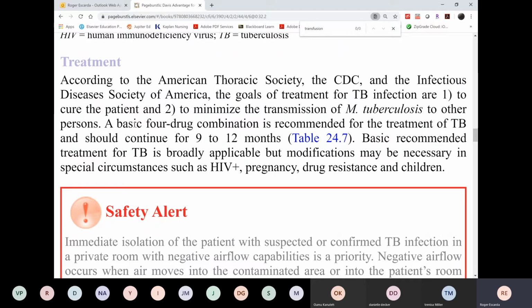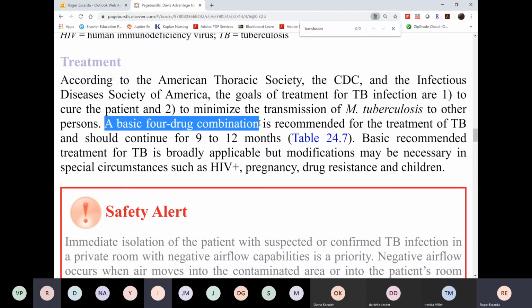For latent TB, you only need 2 drugs, but for the progressive type, which is the active type, it's a basic 4-drug combination. This is from the CDC. Okay, although there are now different combinations to facilitate compliance, because which one's easier to do, taking 4 drugs or 1 pill?